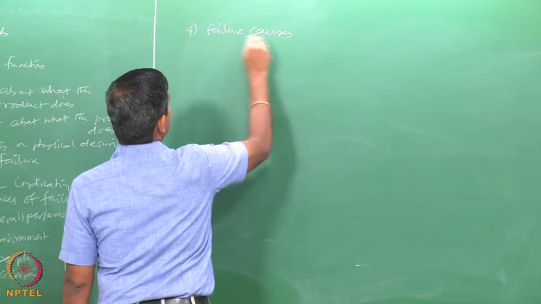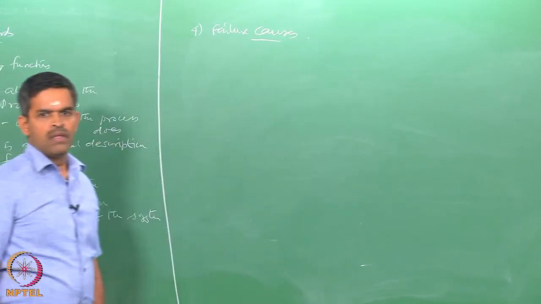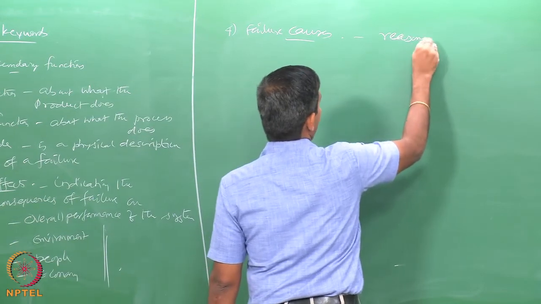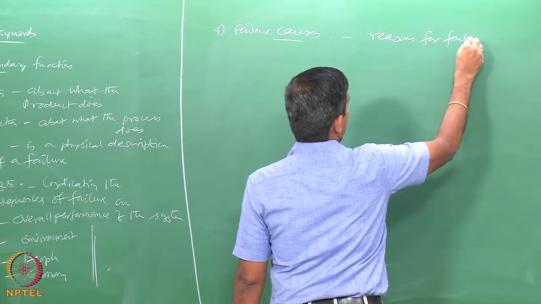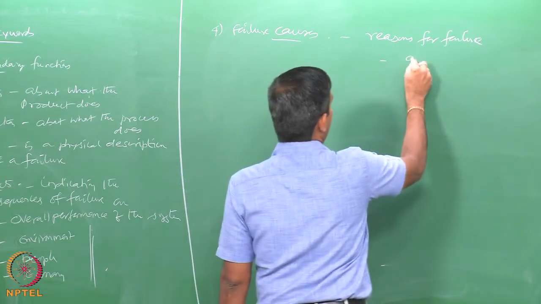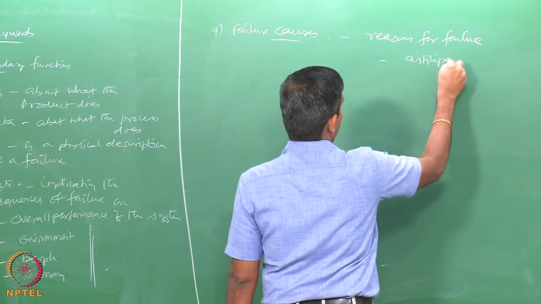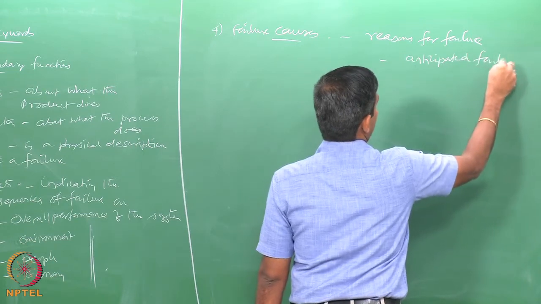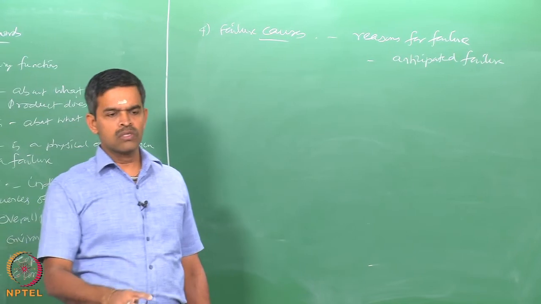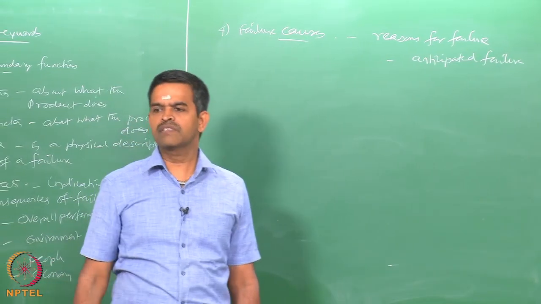Failure causes, this refers to the reasons for failure. In fact, to be very precise, the reasons for anticipated failure. Please understand very clearly, FMEA is not a post diagnosis of an accident or incident.